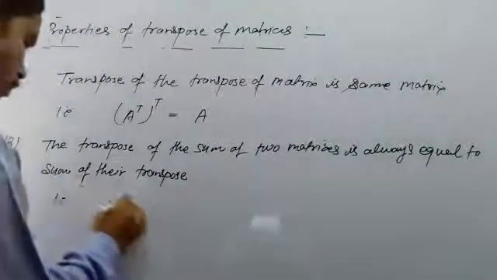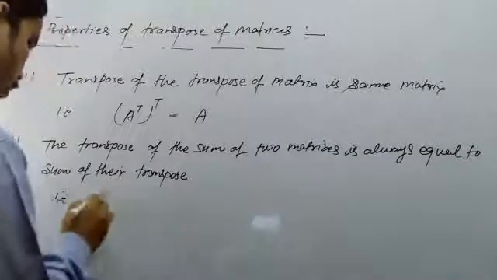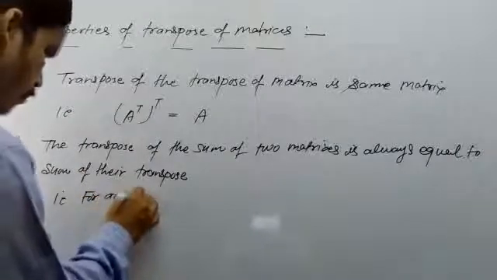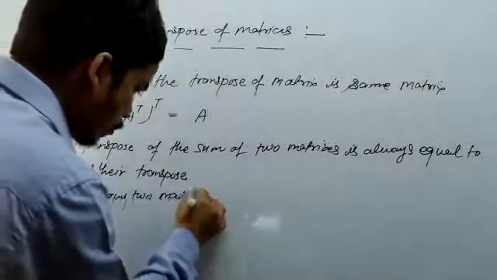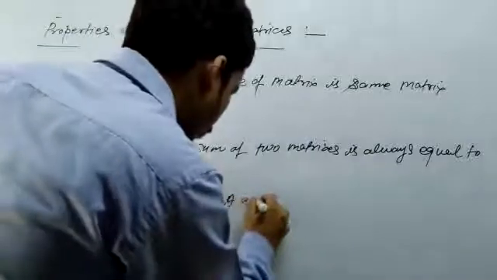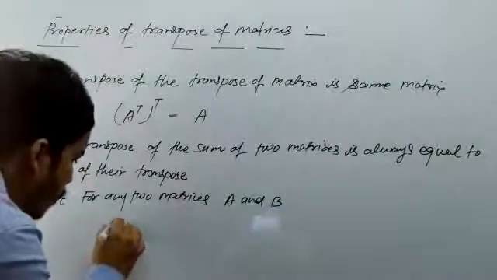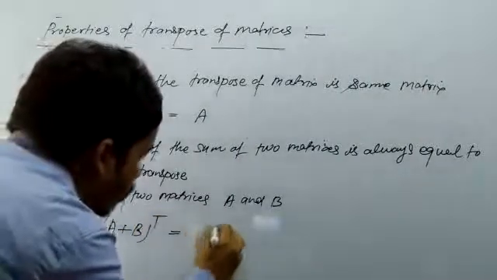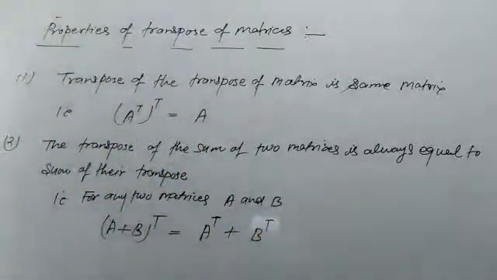That is, for any two matrices A and B, (A + B)^T is equal to A^T + B^T, the transpose of A plus the transpose of B.